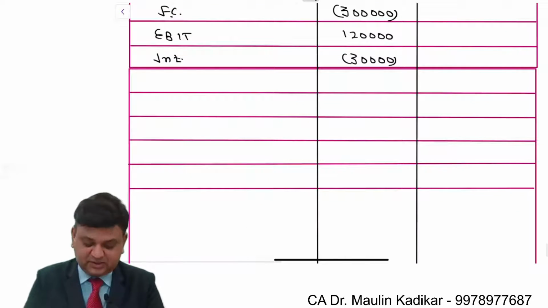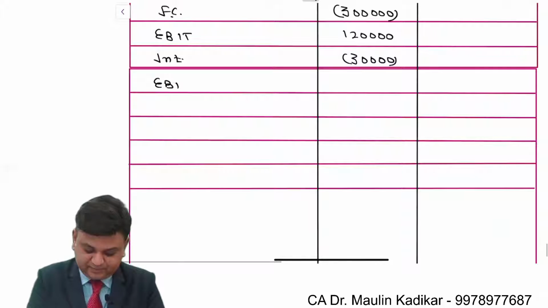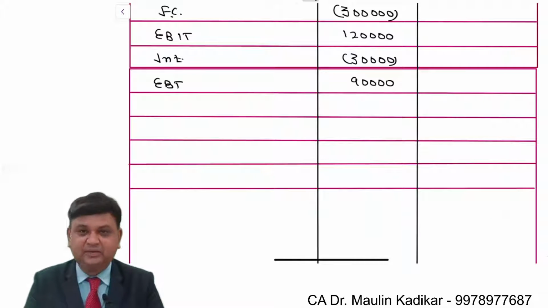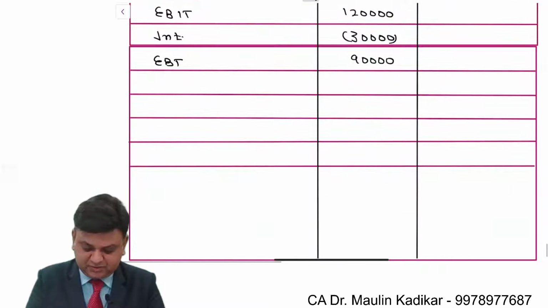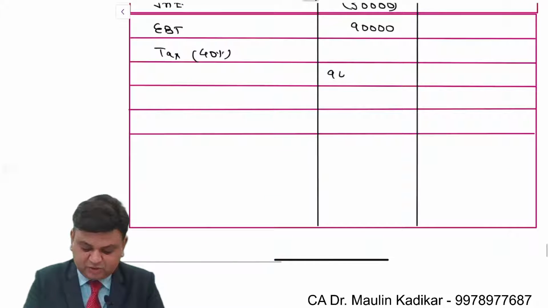Difference of both of them is earning before taxes, that is 90,000. Income tax rate is 40%, so it is 90,000 into 40%. That comes to 36,000.